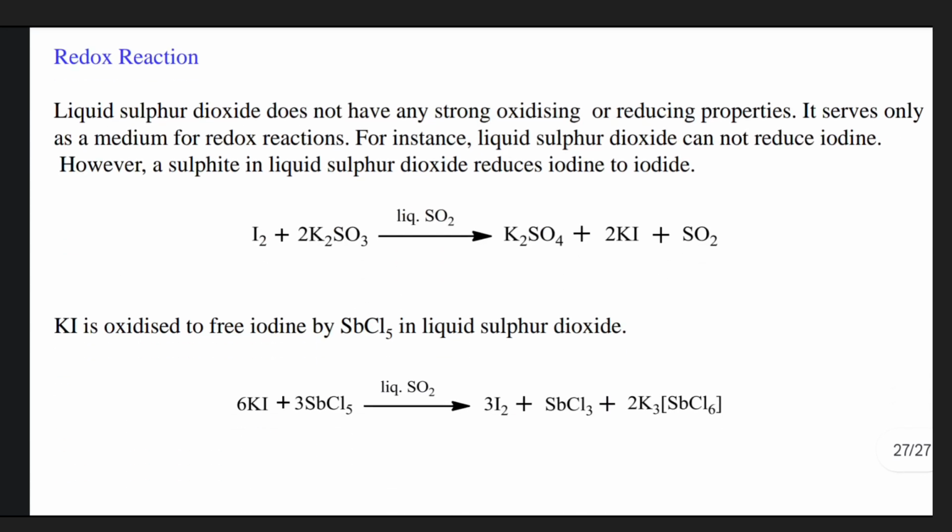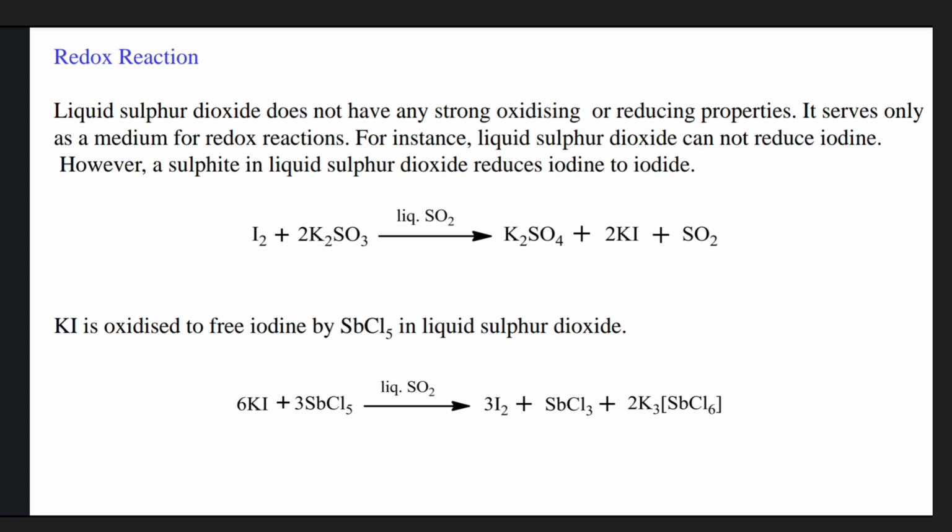Redox reaction. Liquid sulfur dioxide does not have any strong oxidizing or reducing properties. It serves only as a medium for redox reactions. For instance, liquid sulfur dioxide cannot reduce iodine. However, a sulfite in liquid sulfur dioxide reduces iodine to iodide.